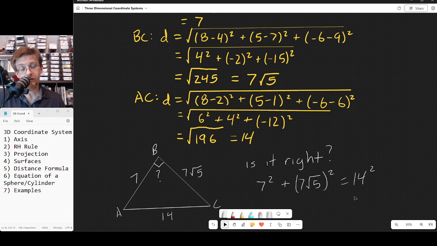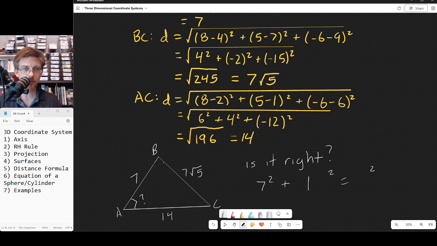Now we should probably see if 7 rad 5 is greater than 14. It is, actually. So let's fix that. Just realize that rad 5 is about 2.2, and 7 times 2.2 is bigger than 14. So that would make this angle down here the right angle. Is that the right angle?